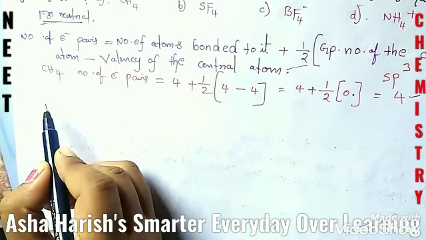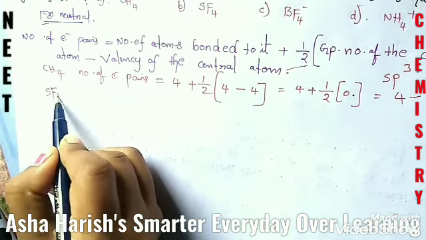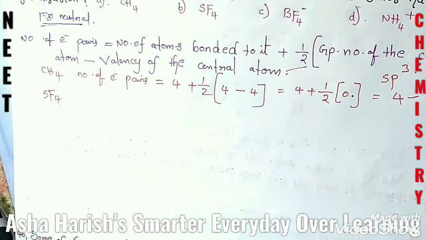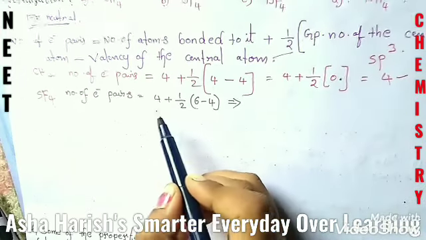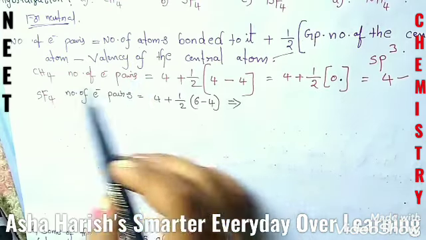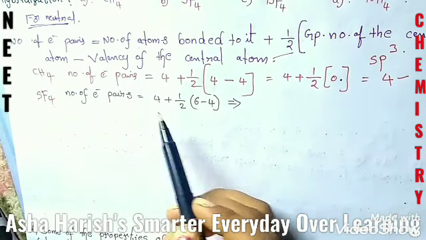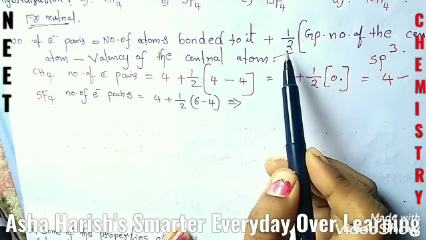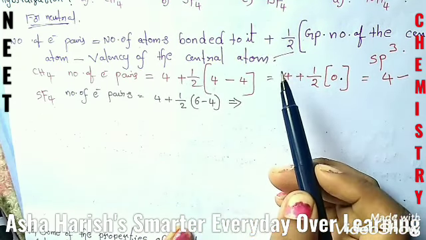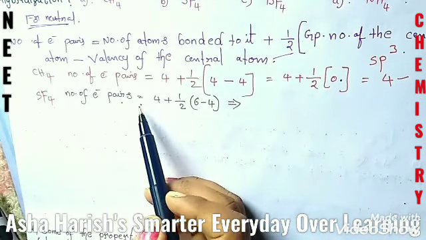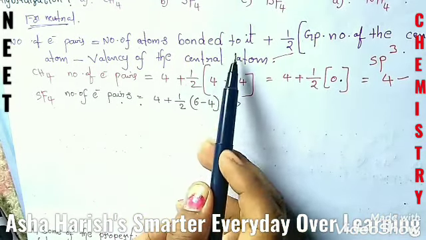Okay, right, for SF4 we need to do the same calculation. For SF4, what number will come, let's see. For SF4 the number of electron pairs is equal to the number of atoms bonded to it.